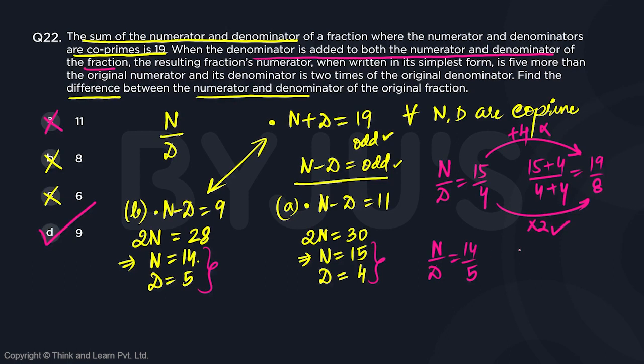And when I add the denominator to both numerator and denominator, we will get 19 upon 10, where the denominator is obviously doubled. The numerator has increased by 5. So both make sense. So obviously this option is the answer.